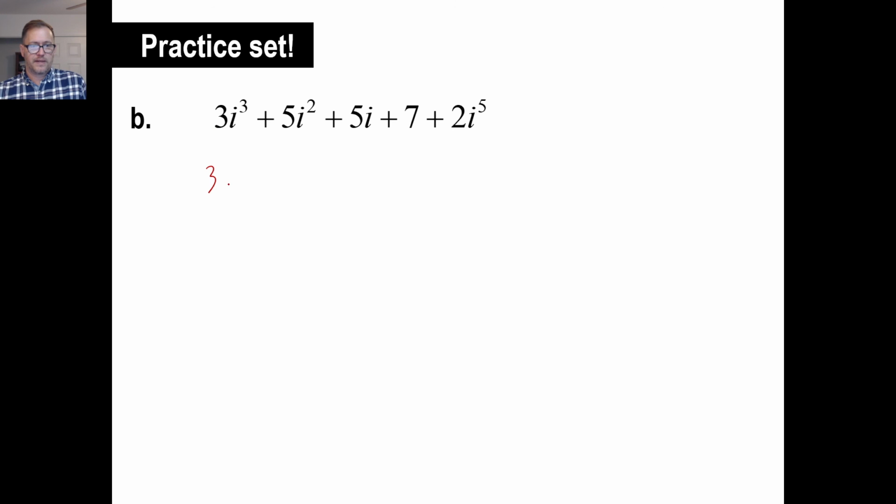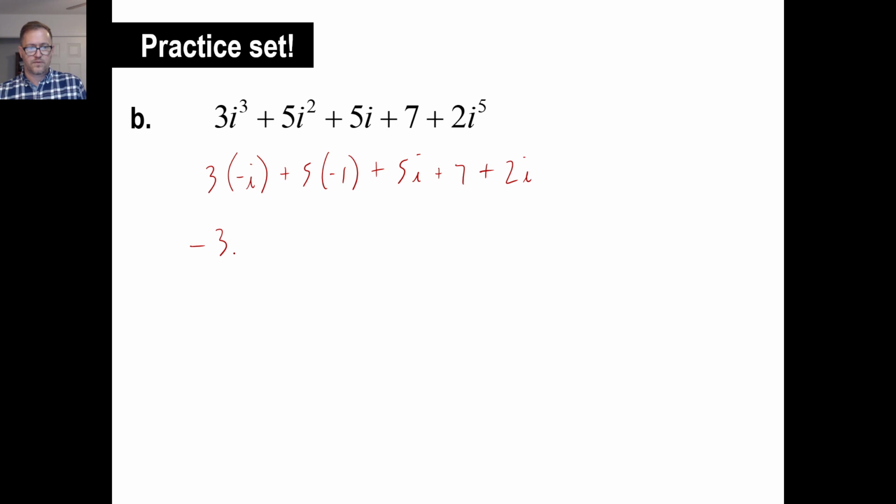Okay, 3 times i to the third, don't forget that is negative i. 5 times i squared means 5 times negative 1, plus 5i, plus 7, plus 2. Remember, i to the 5th power matches up with i to the 1st power, so that's what you'll put.